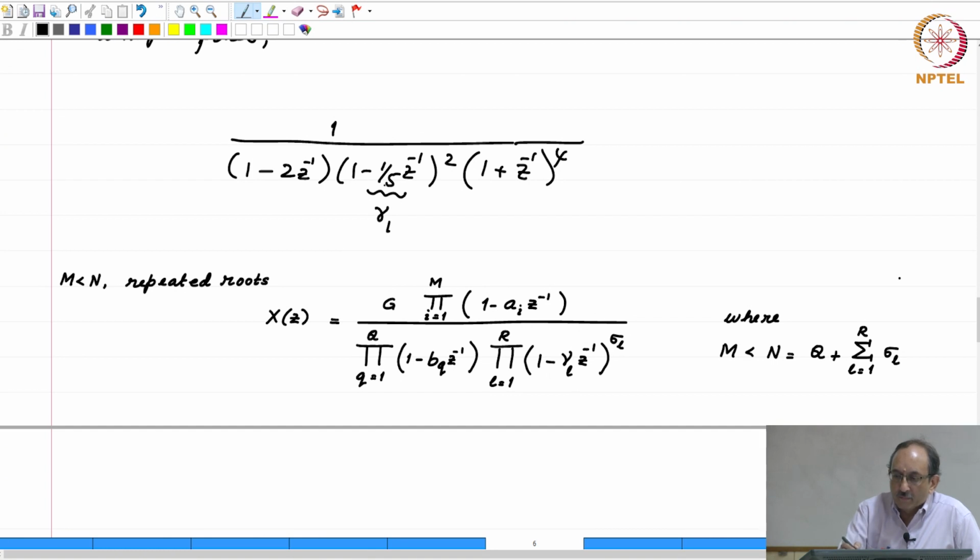So, this will be gamma 1 and this will be the corresponding sigma 1. Similarly, this is actually 1 plus z inverse, therefore, this is gamma 2, which is minus 1, sigma 2 is 4.